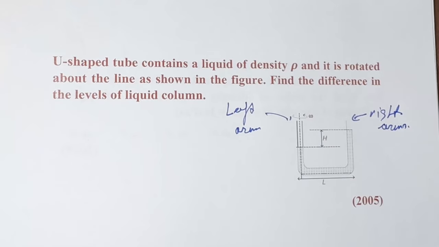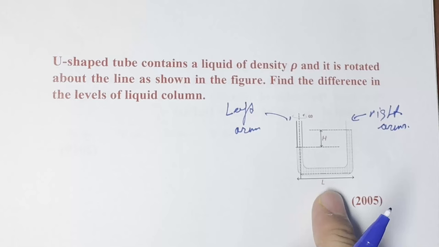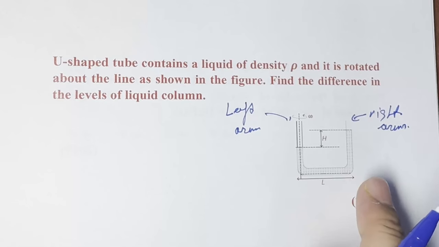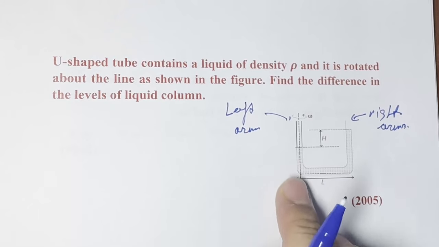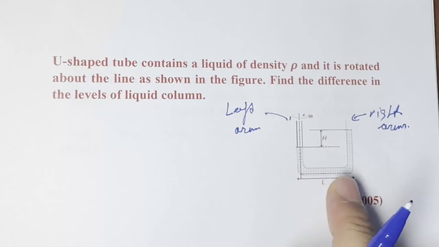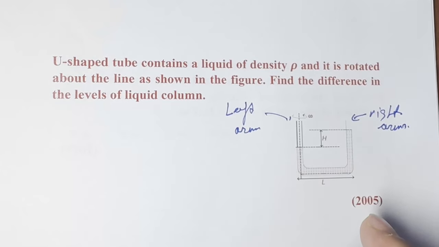As it is rotated about this axis, it will exert a centrifugal force on the right arm because it is farther from the axis of rotation, and because of this there will be a further difference in the height of both the liquids.